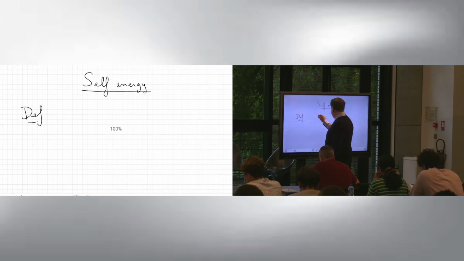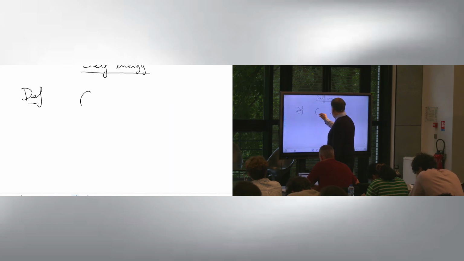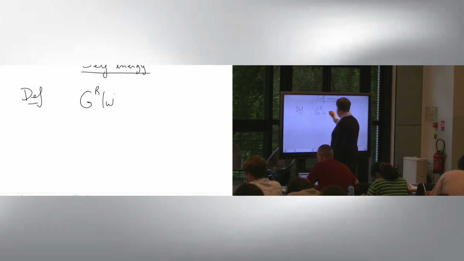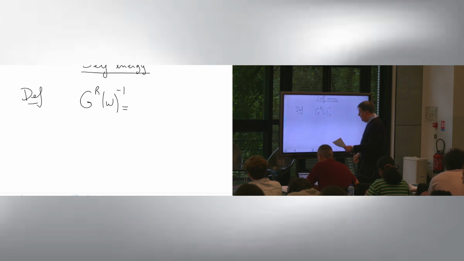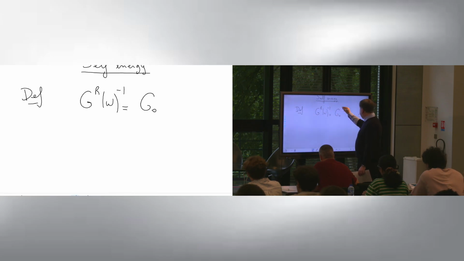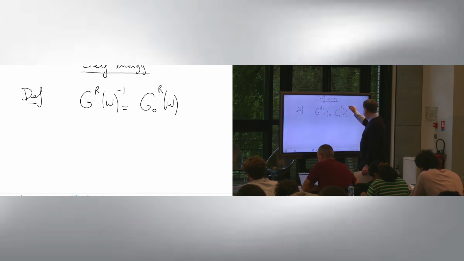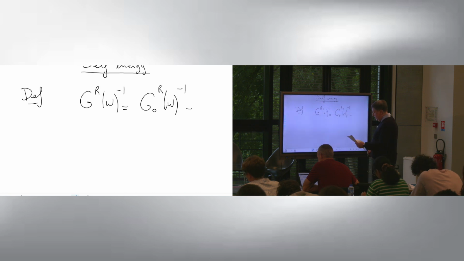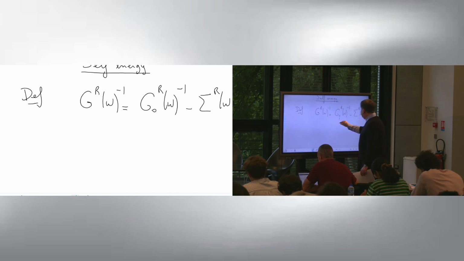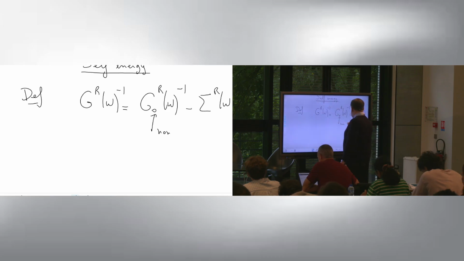So the definition of the self-energy: the retarded Green function inverse is equal to the retarded Green function without interactions, inverse, minus the self-energy.